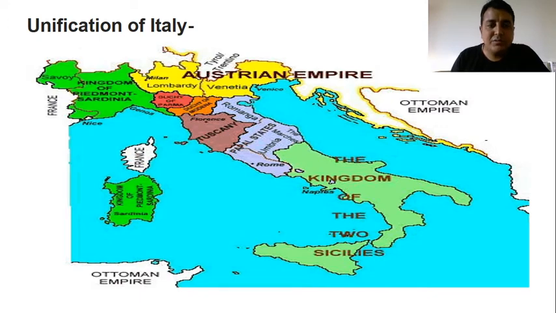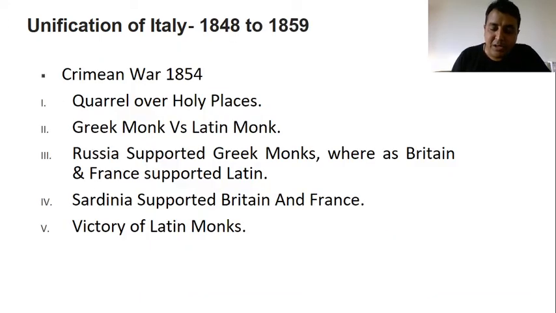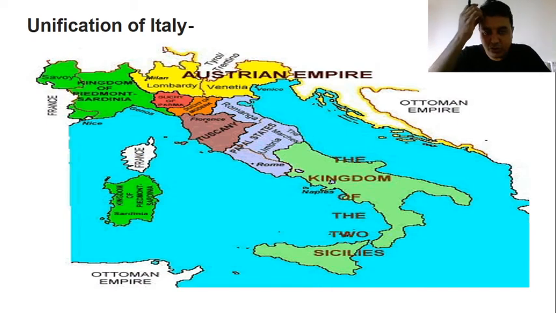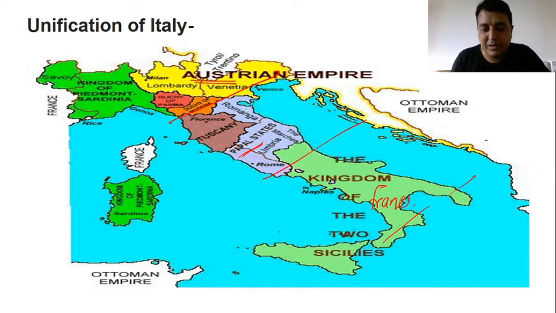So today we are going to discuss the unification of Italy. In the last lecture we mentioned how the unification of Italy was a near-impossible task, because the northern portion was under Austria, the central portion was under the Papal State, and the southern portion was under France. Clear?